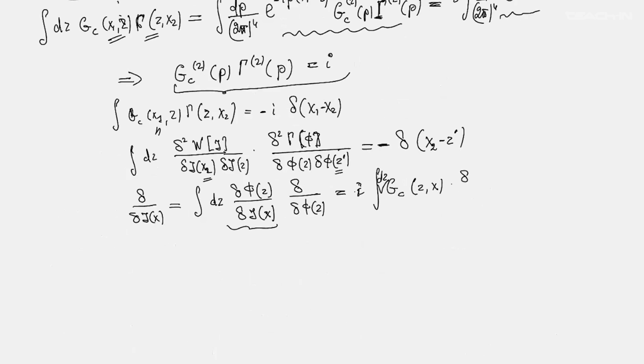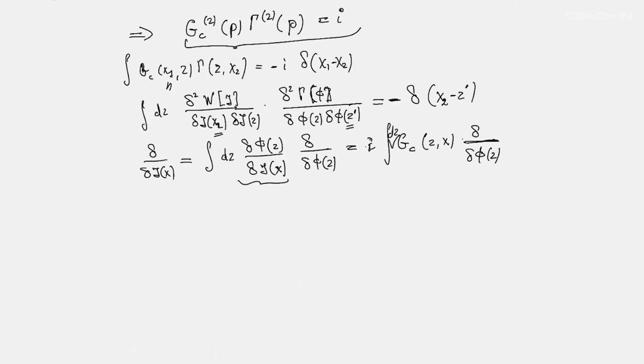And why is this useful? That's because now I would like to take this variational derivative and act on both sides of this relation.